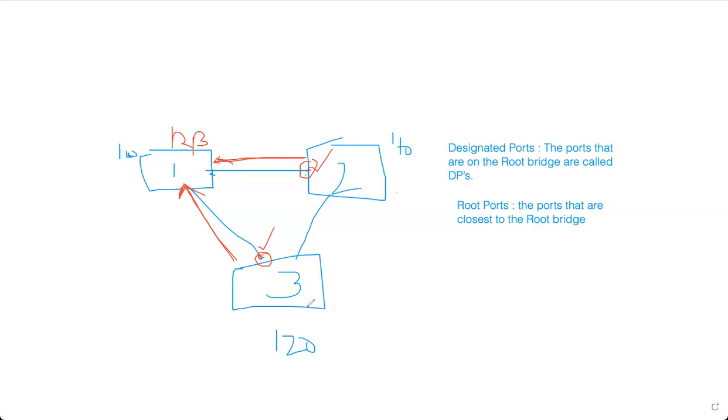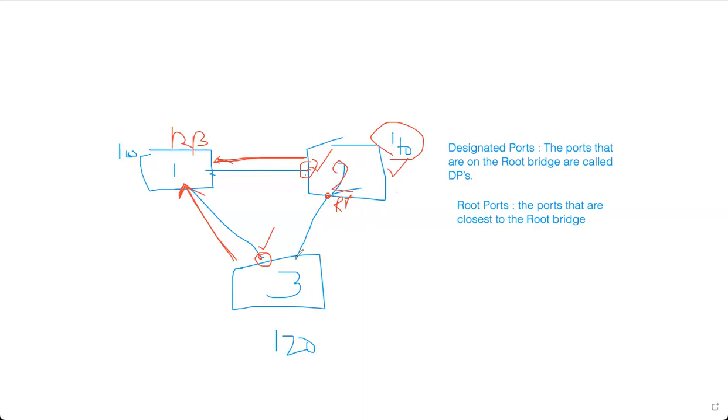Next up, now the election happens between switch 2 and switch 3. Because of the priority, this one is the next lowest priority. So this one will be the next selected root bridge if something happens to this one, right? So now this port will be the root port because this is the second criterion.